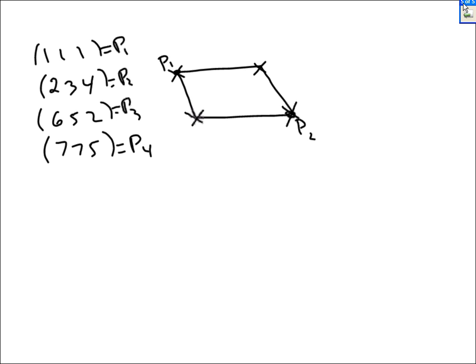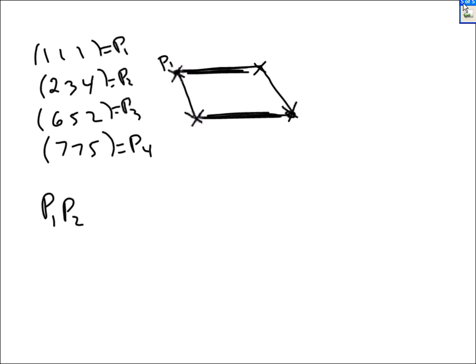We want to see if they're parallel. And then we want to check these two vectors to see if they're parallel. That creates a problem because we don't know the ordering. But let's find P1, P2. I didn't mean to put the arrow there.